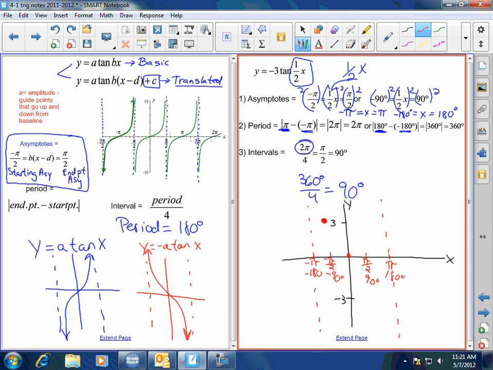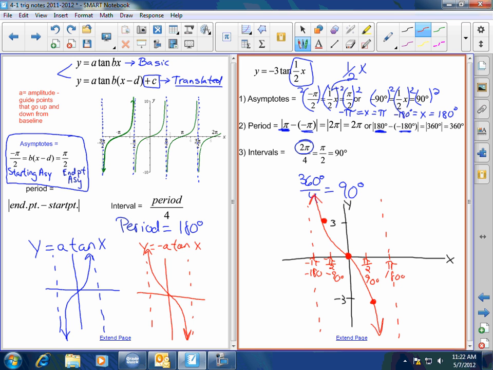Then you're going to have the center, which is between the first interval and your asymptote right here. Then 90 to the right, you go down to your guiding point again. And now you curve it to the best of your ability.